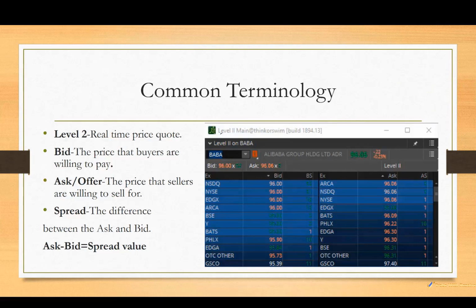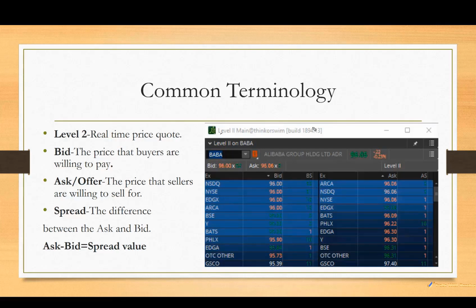Okay, so let's say that you wanted to buy shares at 96.01. Well, since we have a 6-cent spread, you would actually become the best bid. So at 96.01, you would be at the top of the list here, making your order the best bid. Now let's say you already had shares of Alibaba. Let's say you had 200 shares of Alibaba and you were looking to sell currently.